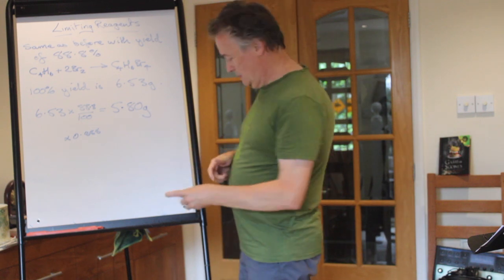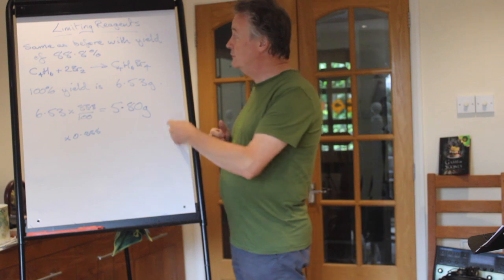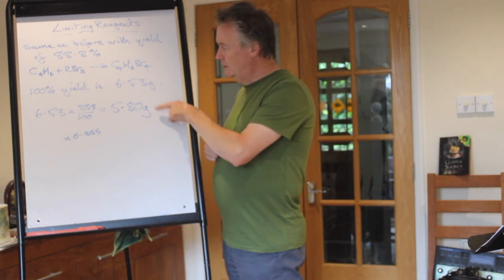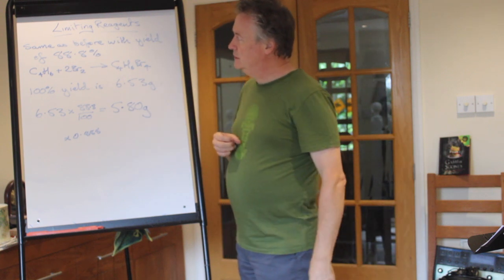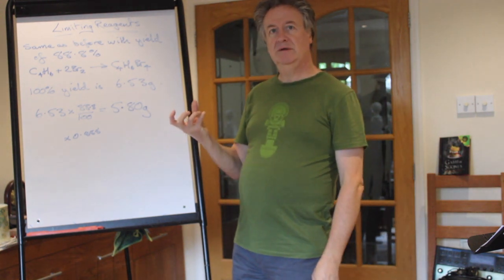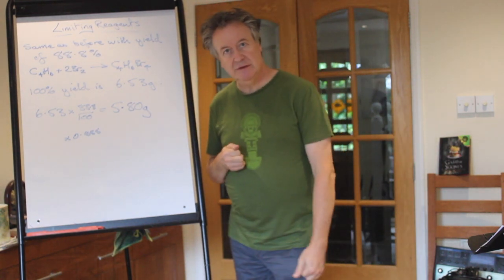Either way it's the same. And it comes out as 5.8 grams of C4H6Br4. So that includes a yield reduction of the amount of product that you get, as well as the effect of having a limiting reagent.